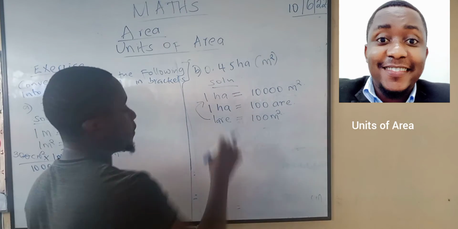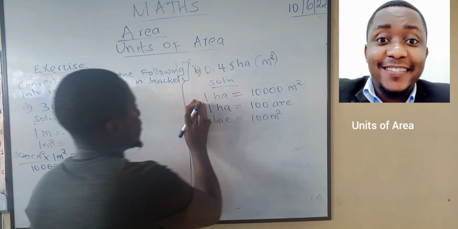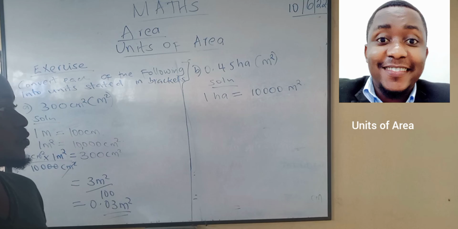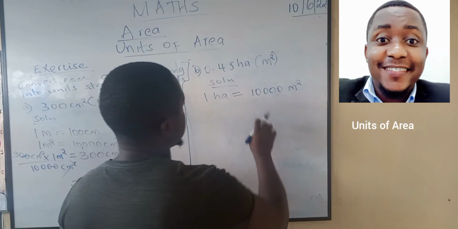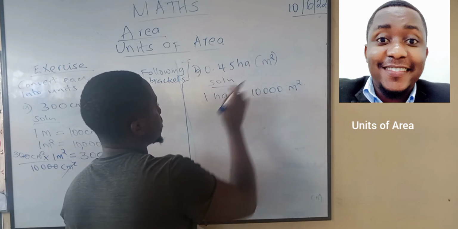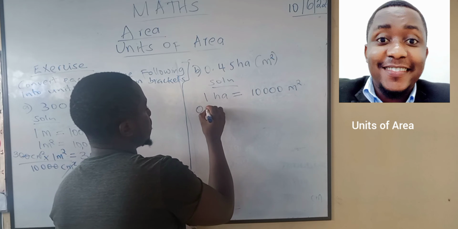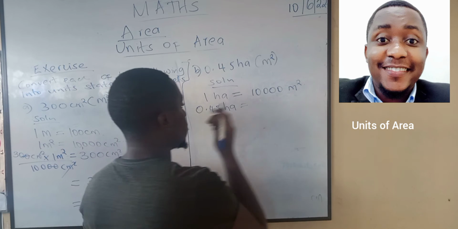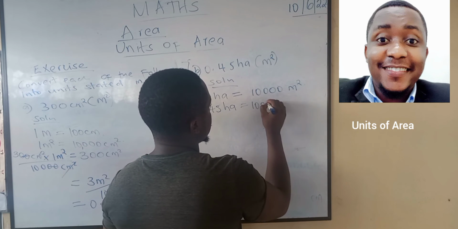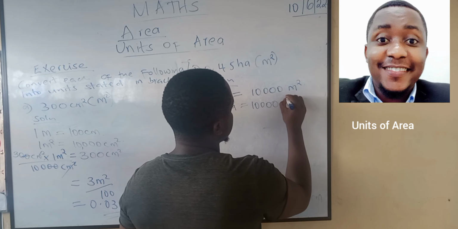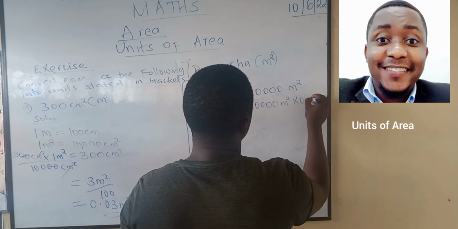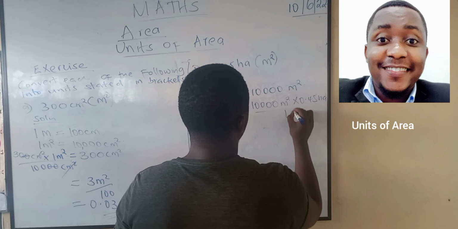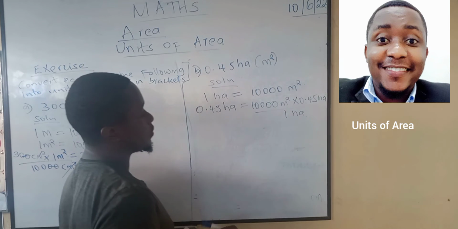Now, since 1 hectare is equal to 10,000 meters squared, and we need to convert this, what about 0.45 hectares? So I multiply 10,000 meters squared times 0.45 hectares over 1 hectare.